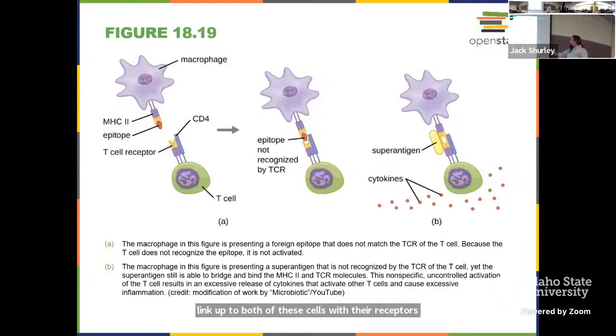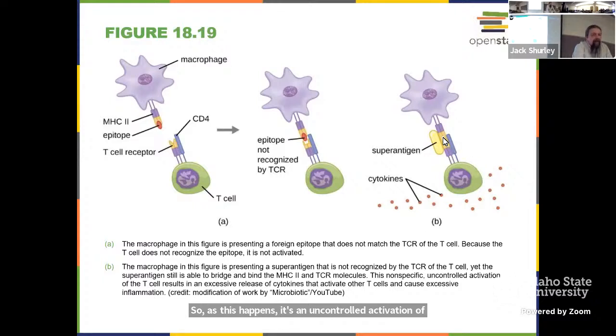So the super antigen's not recognized by the receptor, but it is able to bind basically to both pieces non-specifically, right? Not in that active, or in that binding site. So as this happens, it's an uncontrolled activation of that T cell.